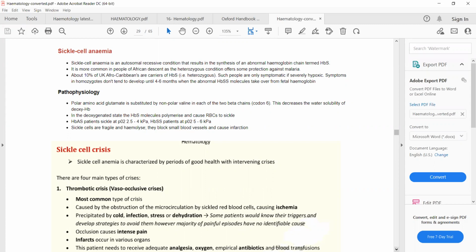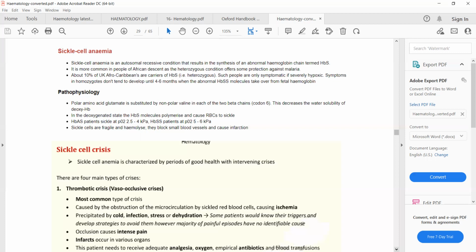Normally, the shape of the RBC is a biconcave disc, but due to this abnormality in the hemoglobin, in a deoxygenated state the hemoglobin will polymerize to form a sickle shaped RBC. And all the problems arise from this sickle shaped RBC.